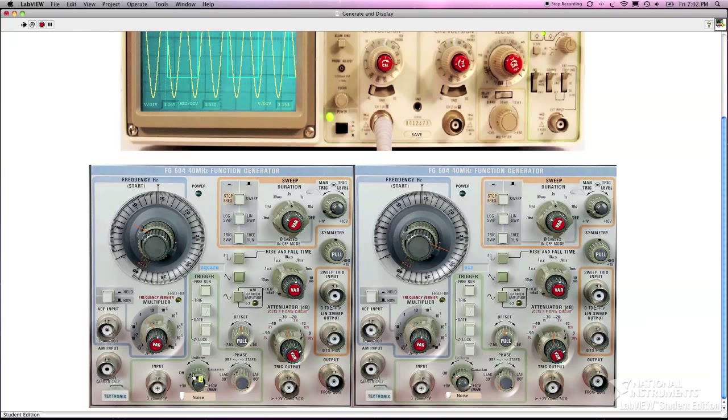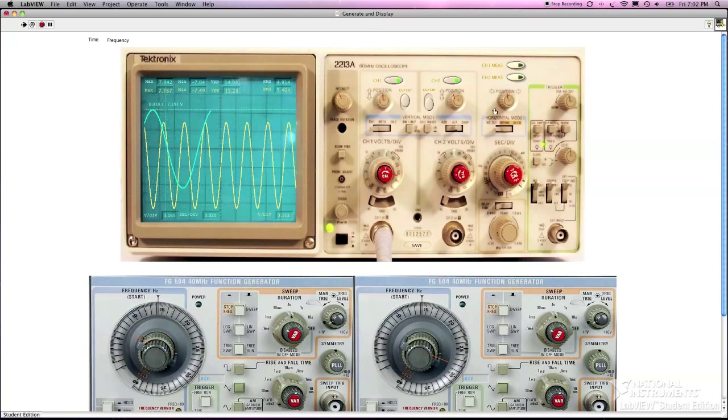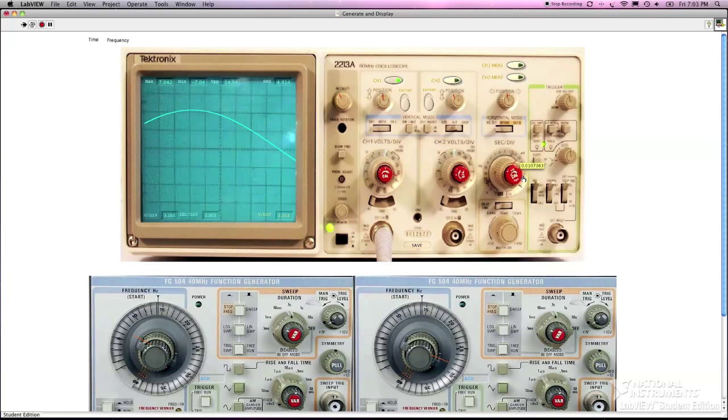I'll throw on the noise. So we'll go back to a sine wave on this one, and we'll turn off channel 2, and we'll turn off the cursor. Turn up the frequency a little bit.